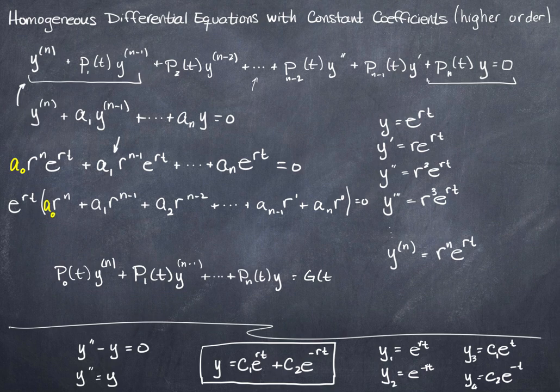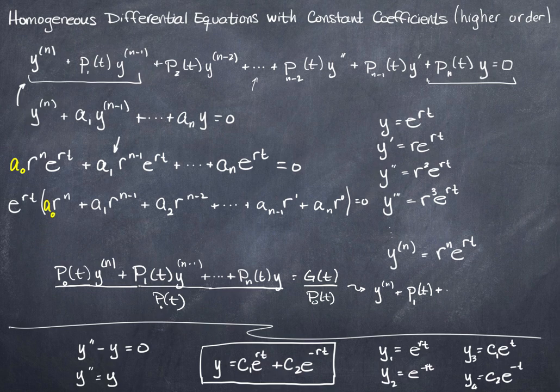So this is a good review of the general case. Then if I want to, I can just divide both sides by p sub 0. And that gives me p sub 0 divided by p sub 0 is 1. So I get just the nth derivative of y. Plus, now I'm going to have p sub 1 divided by p sub 0. And I'm just going to call that my new small p sub 1.